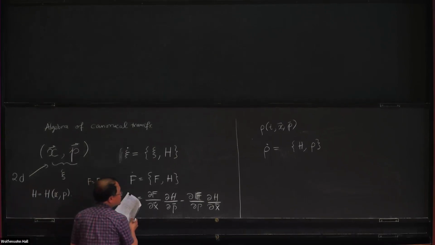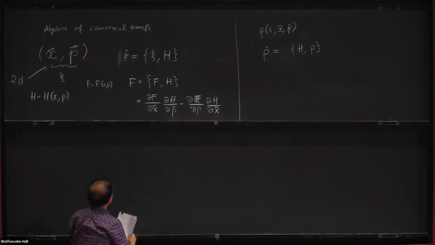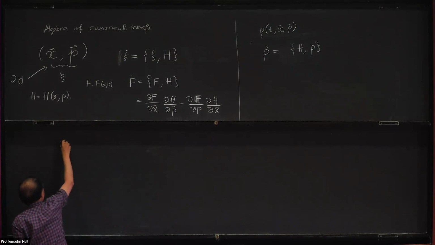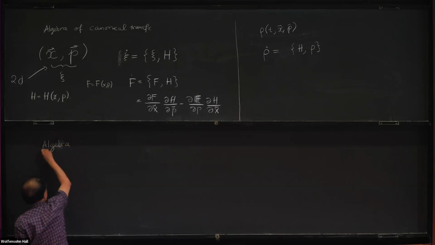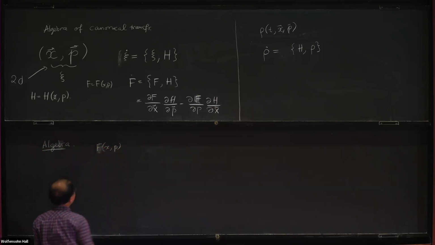Now, the Poisson bracket defines an algebra, the algebra of canonical transformations. The algebra is defined in the following way. Any function of x and p, let me call it f, corresponds to a generator of the algebra. So the algebra is infinite dimensional.